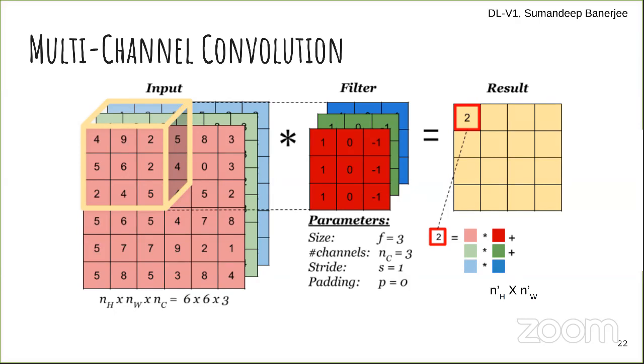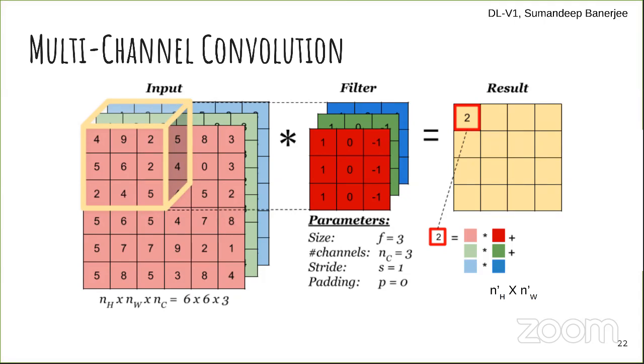So every colored pixel is represented by three numbers, which is the composition of the primary colors. And so the input itself is NH into NW into NC, or in this particular example, 6 by 6 cross 3.